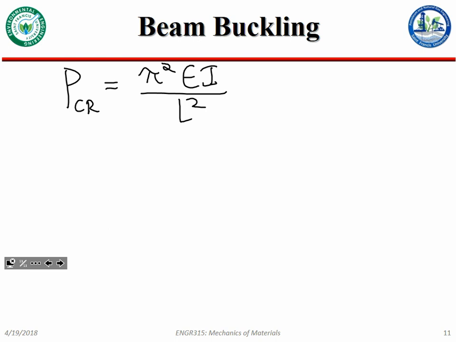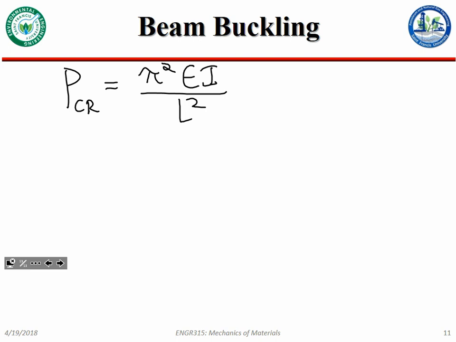So it's like long, slender objects are more likely to buckle. Right, kind of, which you can intuit from here, right? If I have a really short piece, I'm pushing the crap out of this, and it's not really going anywhere. But if I have a really long section, I push a little bit and the thing bends. Which I guess makes sense since it shows up with that square.